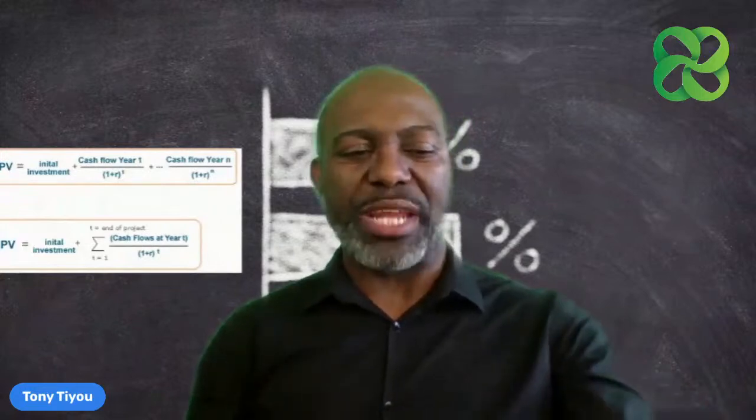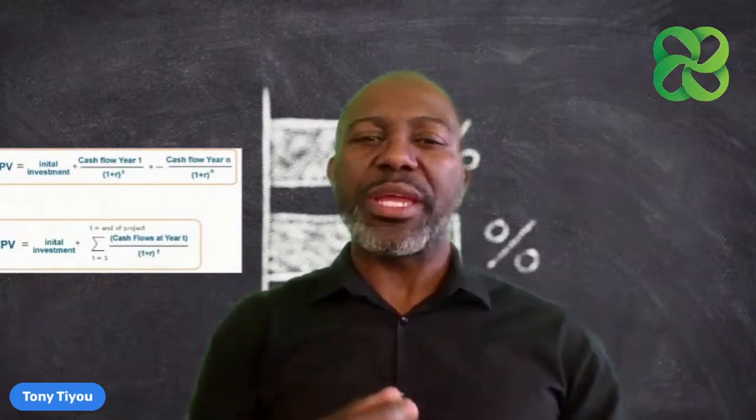So the net present value is usually expressed in dollar terms. And for you to calculate that, you need to determine the initial investment required for a project, such as the cost of materials, the labor for construction, and so on and so forth.